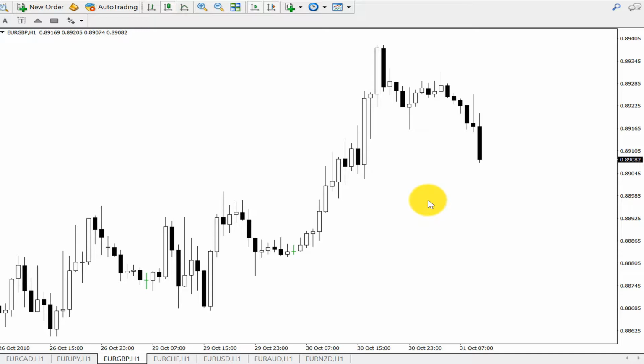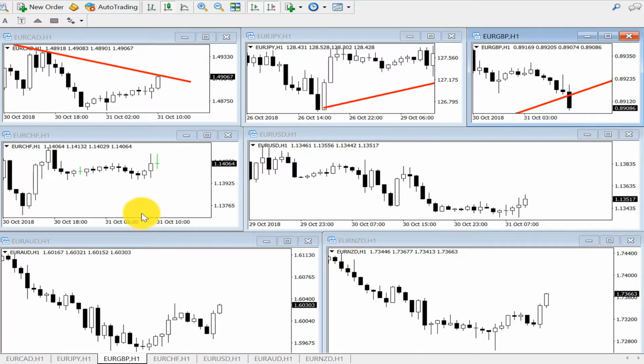And euro GBP, this is euro GBP, and this pair was in uptrend, but now price is falling. Okay, that doesn't matter.